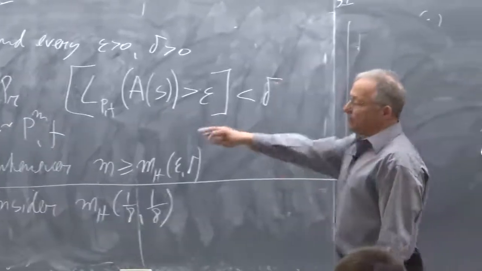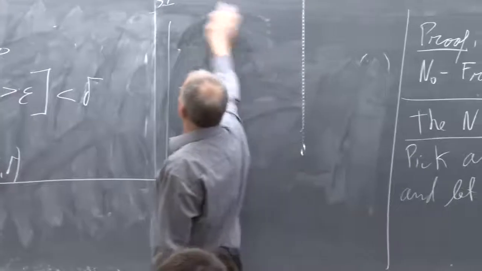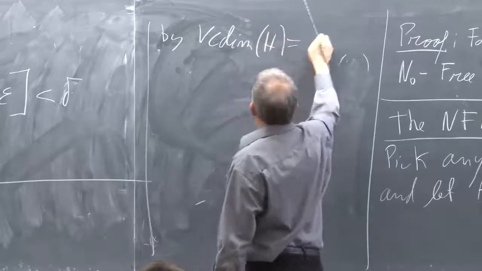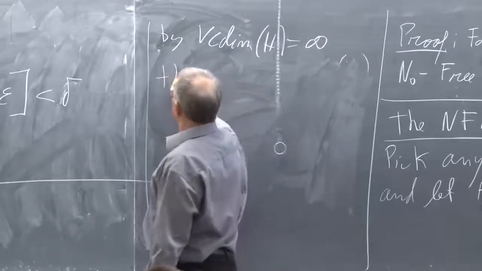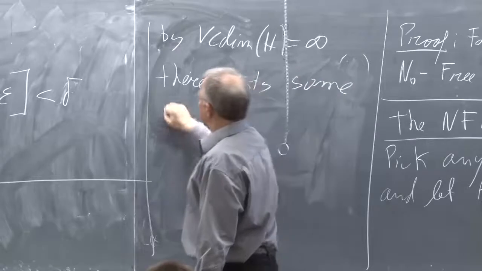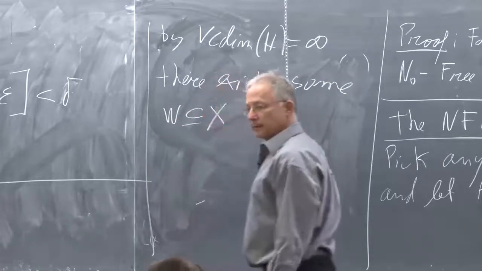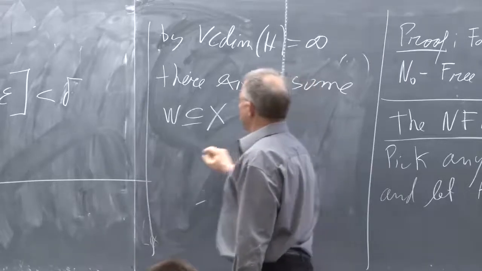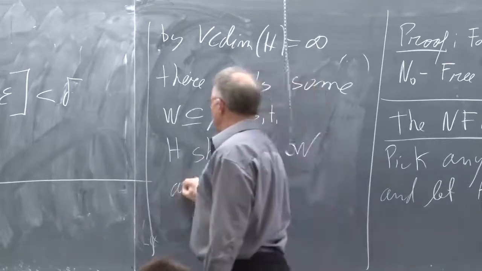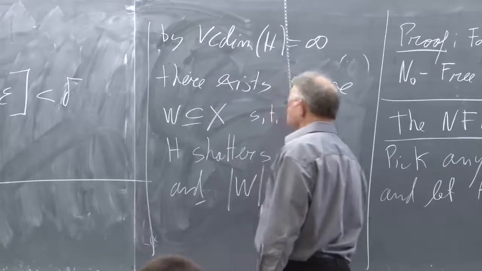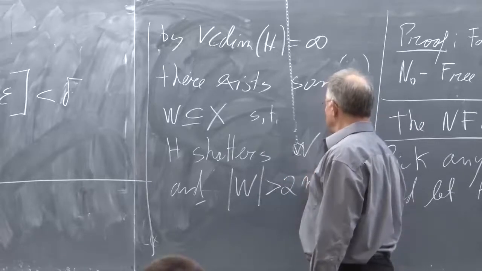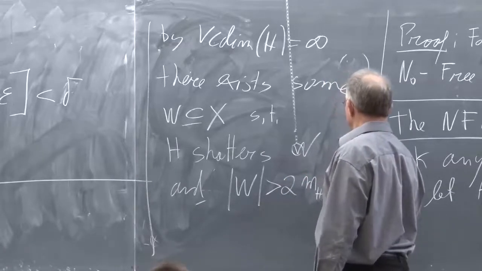Now, since the VC dimension of H is infinite, there exists some set, say W subset of X, such that H shatters W and the size of W is greater than twice MH of 1 over 8, 1 over 8.